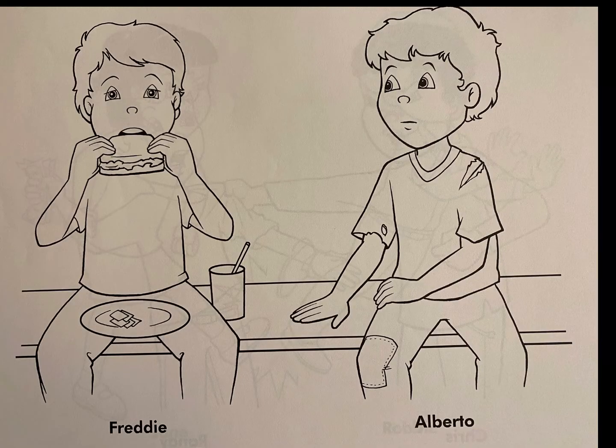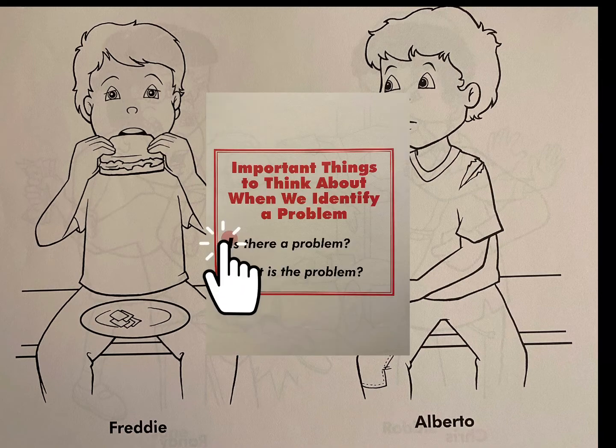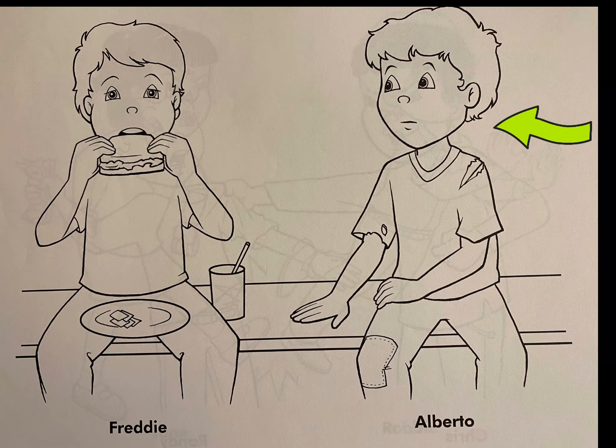Now, let's practice identifying some problems. Okay, let's start with this picture. Here are two boys named Freddie and Alberto. Let's say that we've already finished the first step of deciding that there is a problem. Now, let's try to figure out what the problem is. Let's start by taking the problem from Alberto's point of view. Look carefully at what is happening in the picture.